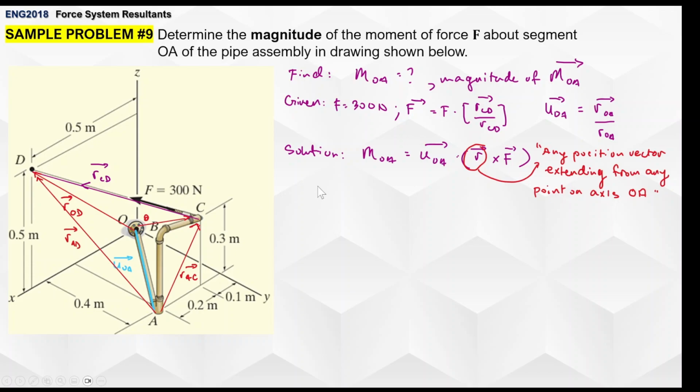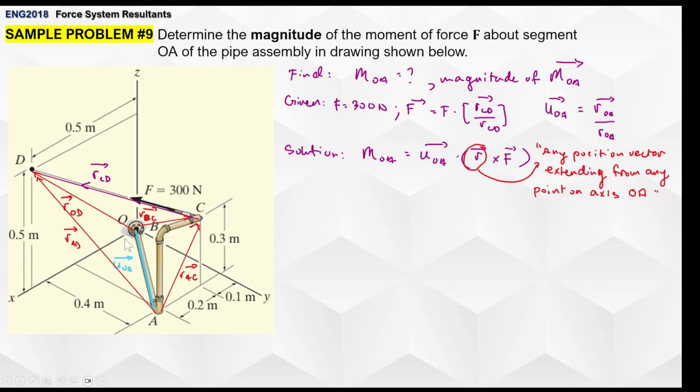We have, okay, ROD, RAD, RBC, RAC. As long as those position vectors are extending from any point on the axis OA, then we can actually use them to get the moment. Okay?